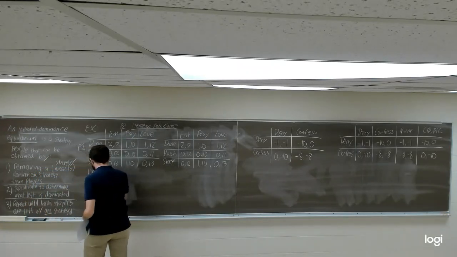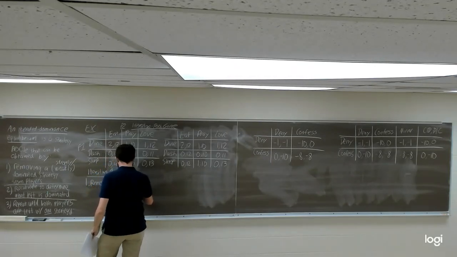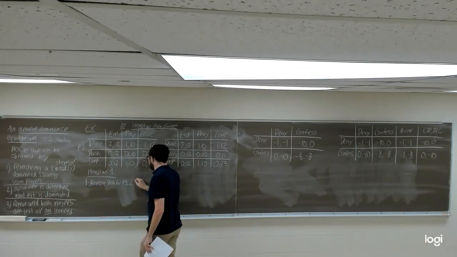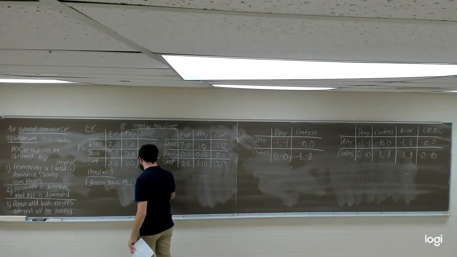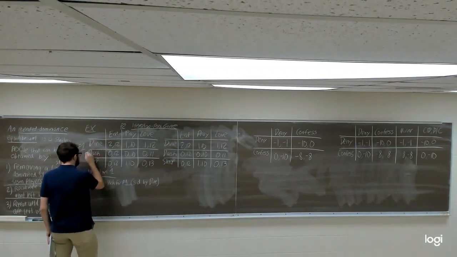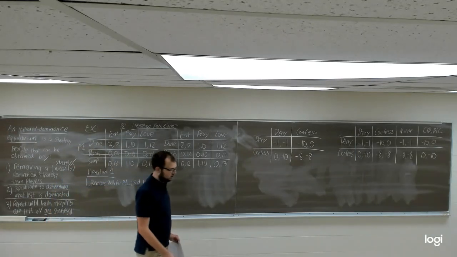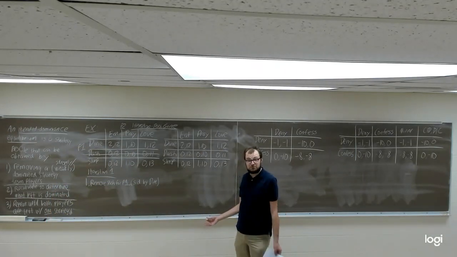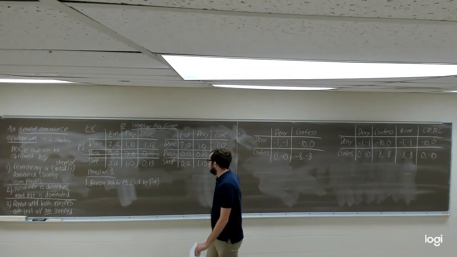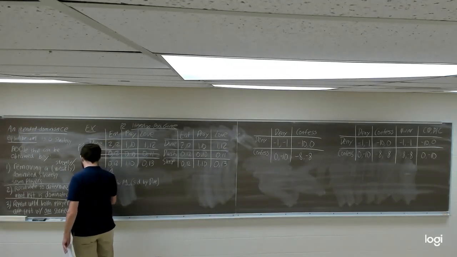So first, I'm going to remove dash for player 1, as it is strongly dominated by dying. And so I'm going to cross it out. Give it a swoosh. Not a swoosh swoosh, but a single swoosh. So now player 1's only left with 2 strategies, dying and sleep.